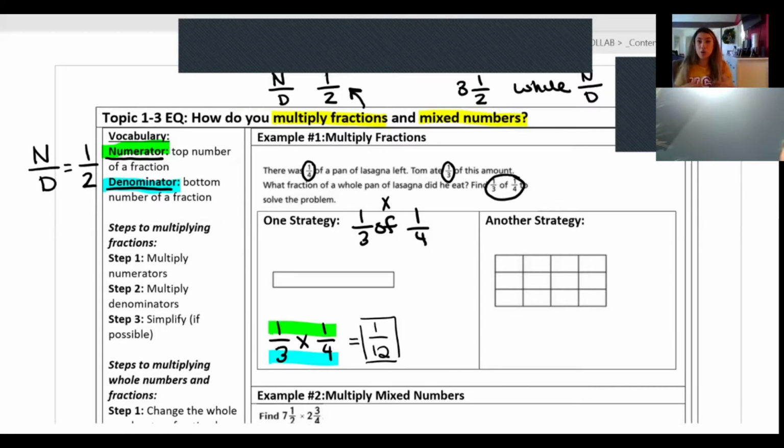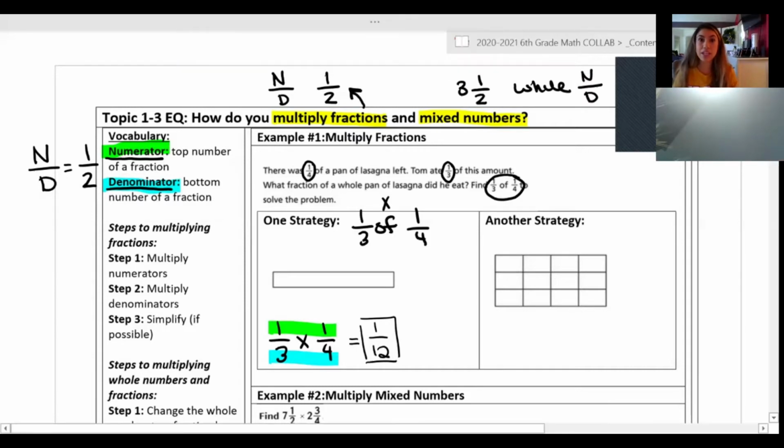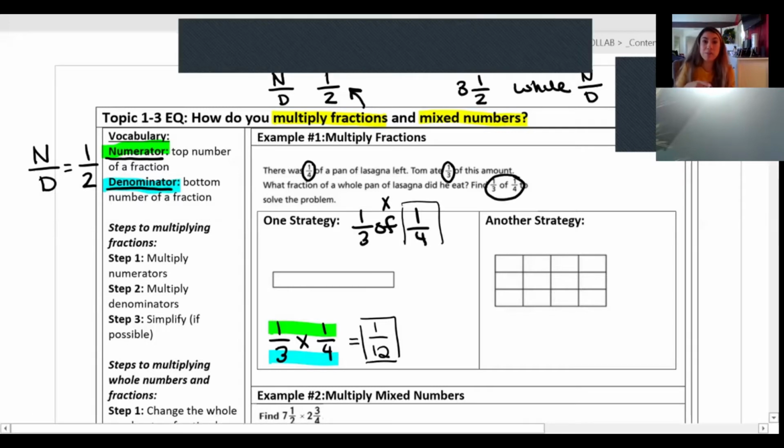Okay, how do we show 1/12 in a model? How can we solve the same exact problem in a visual form? So our first strategy, we have a bar. In our word problem, we see that 1/4 popped up first. That is the total, right? So how much was left? There was 1/4. So imagine this bar is what the lasagna was.